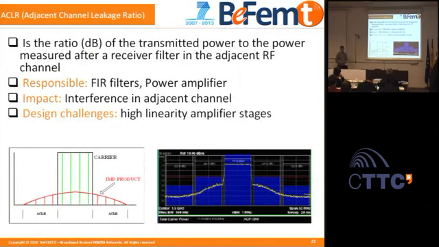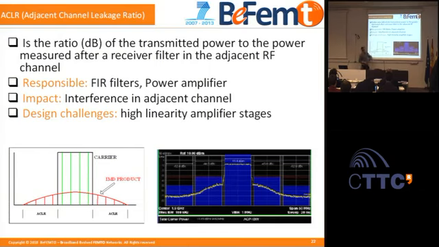Another interesting parameter to take into account for the design of the RF part of the transmitter is the adjacent channel leakage ratio. It is called ACLR. This is the ratio between the transmitted power and the power in the adjacent channel.